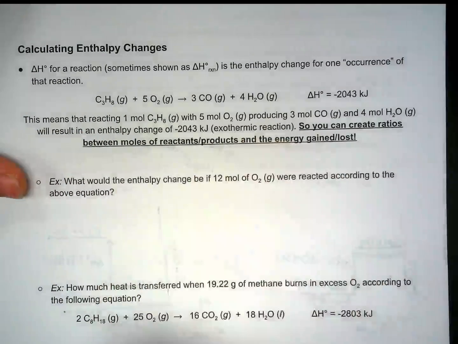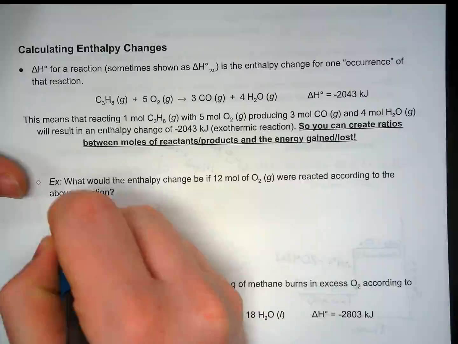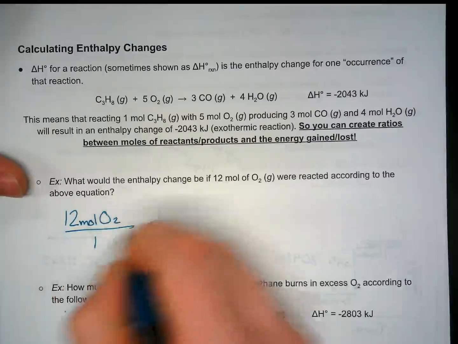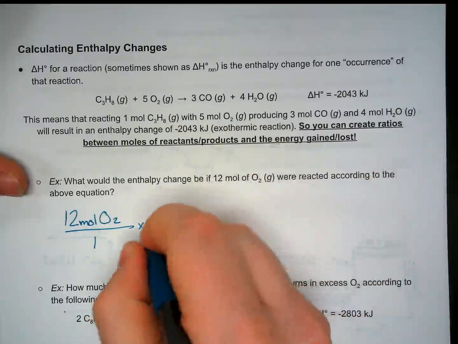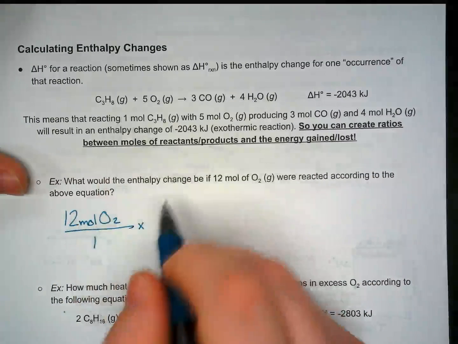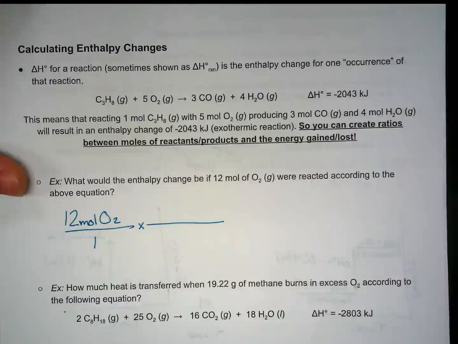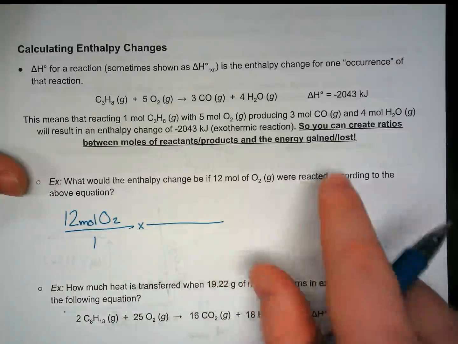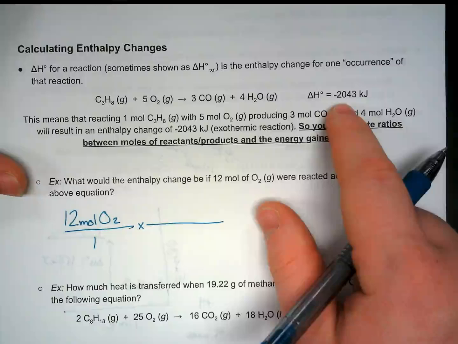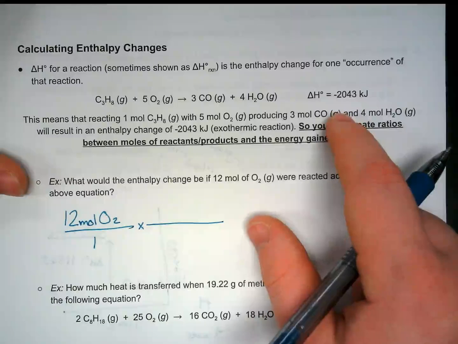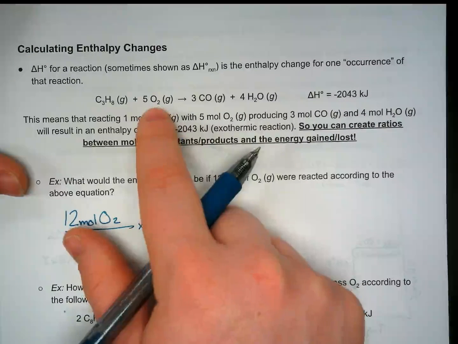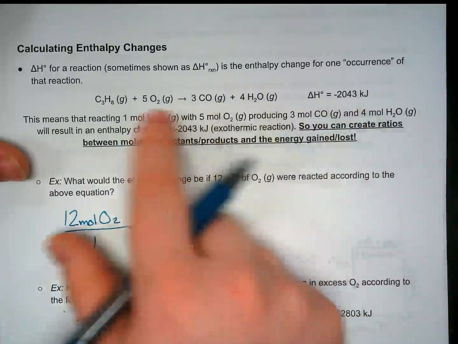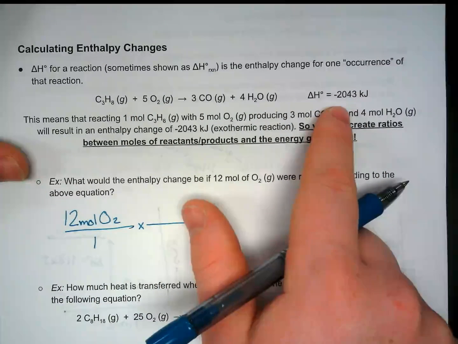So we're doing what we have been doing in stoichiometry. We write down the given, 12 moles of O2, because that's what we're inputting into the system, and we convert these moles of O2 to the amount of energy we expect to come out. We do that using a ratio between the normal number of moles used in the equation and how much energy we expect from those normal moles.